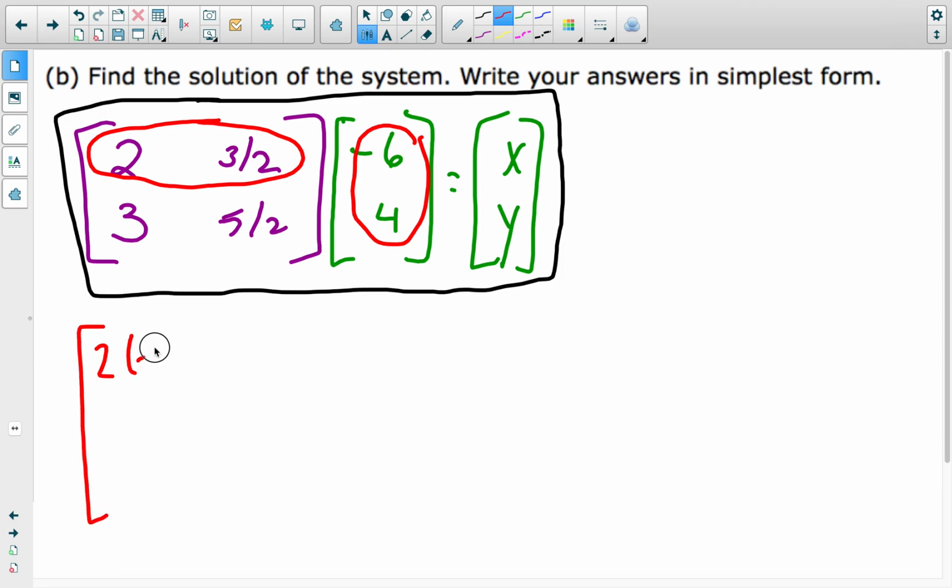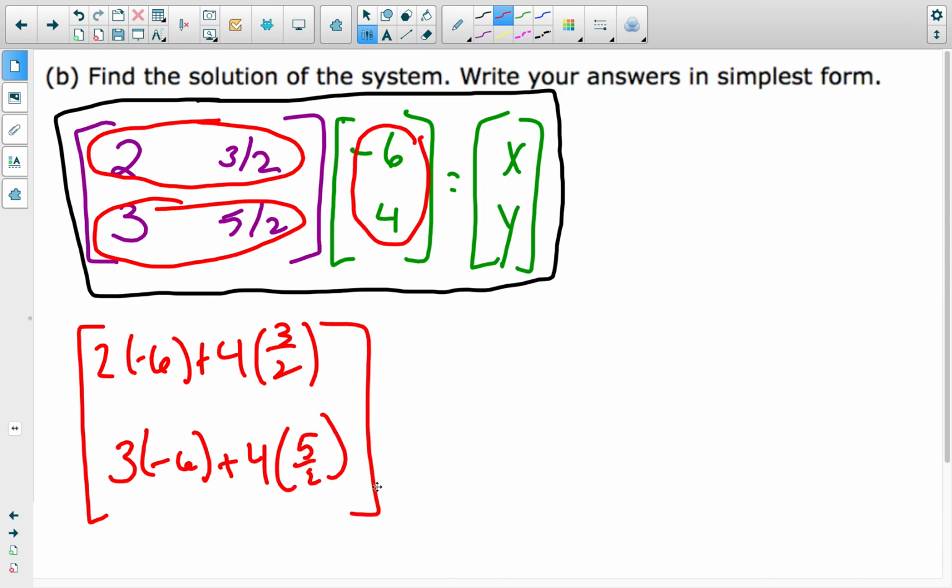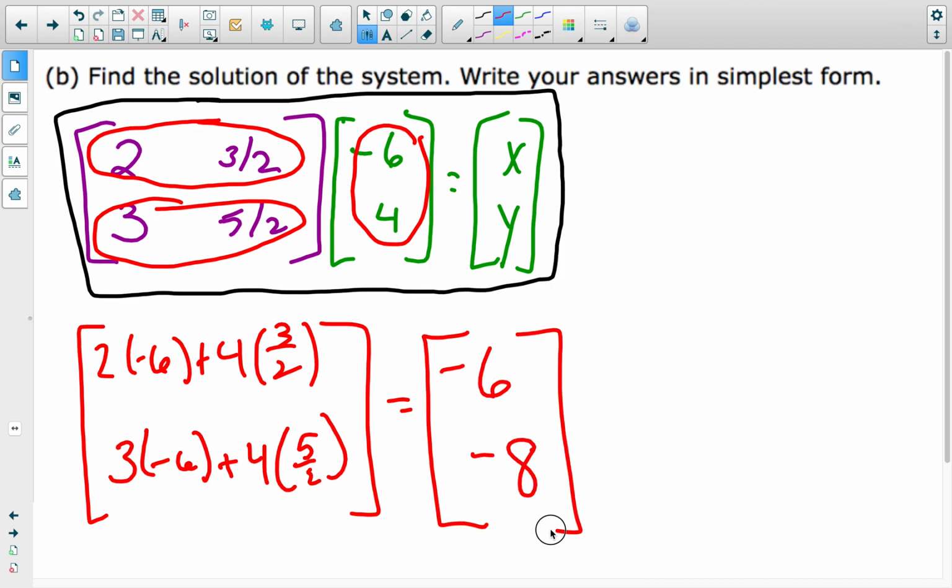So 2 times -6 plus 4 times 3/2. And then our bottom row, 3 times -6 plus 4 times 5/2. And we simplify that and we get -6, -8, which is our solution.